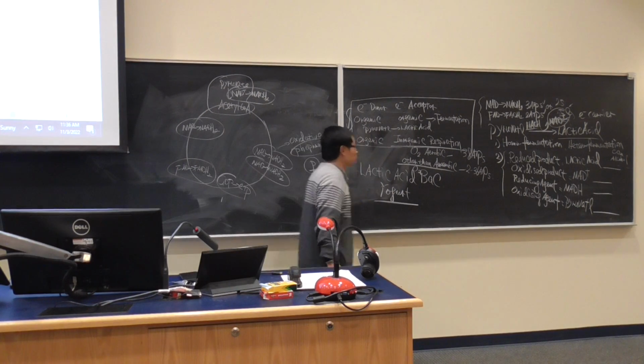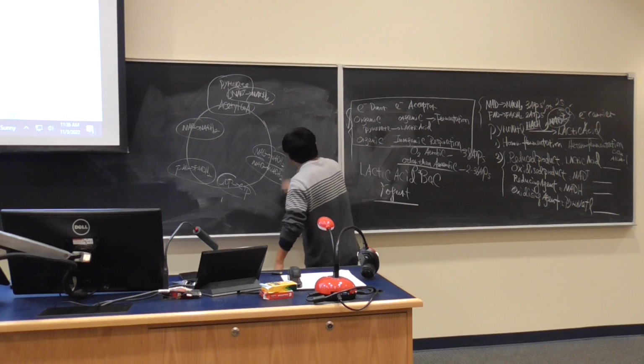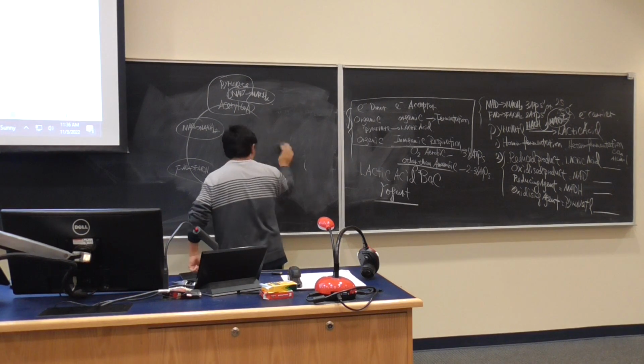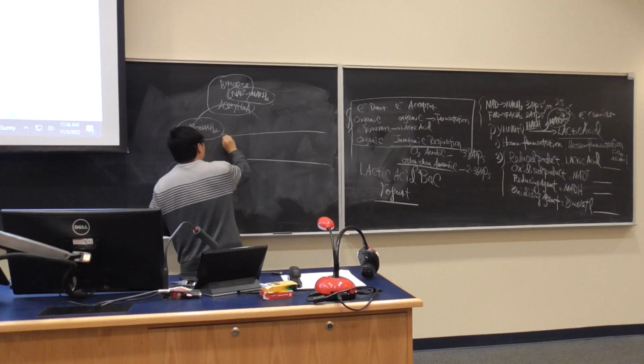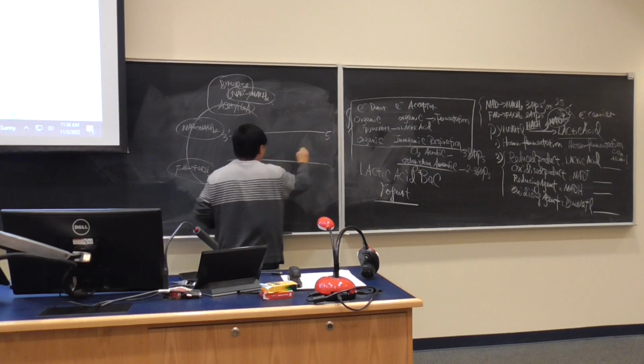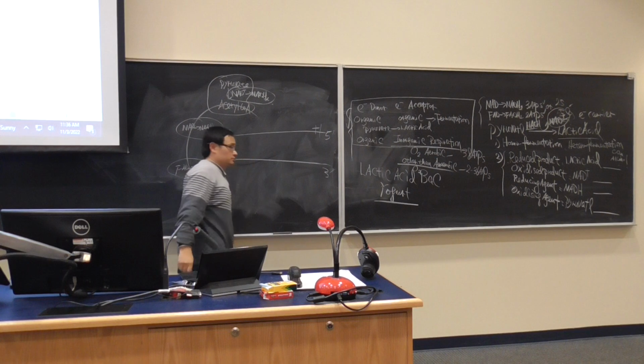This is another golden rule. These are golden rules here, okay? Five prime, 3 prime, 5 prime, 5 prime, 3 prime. Plus 1.